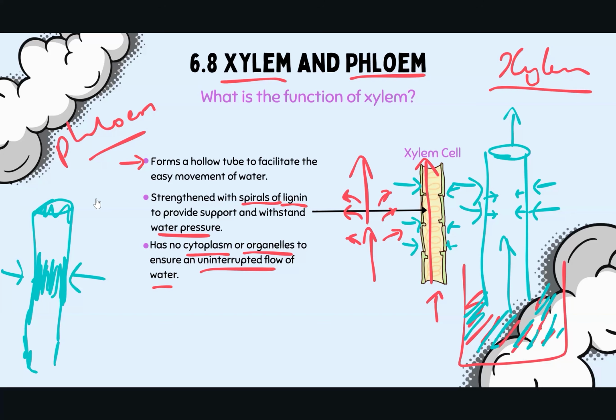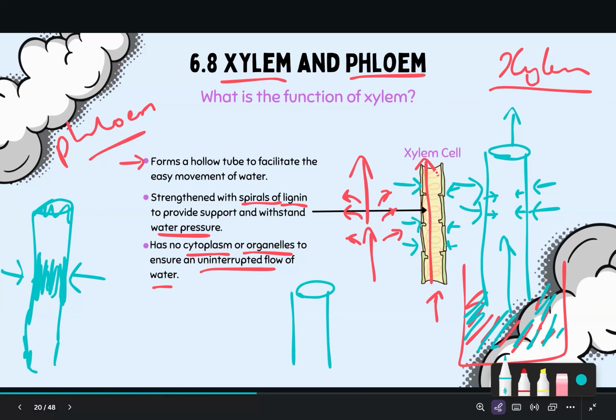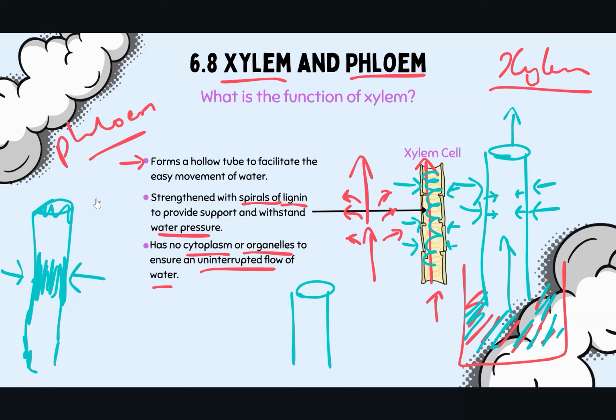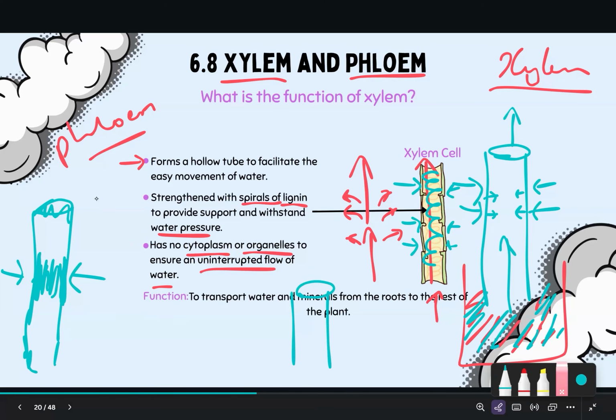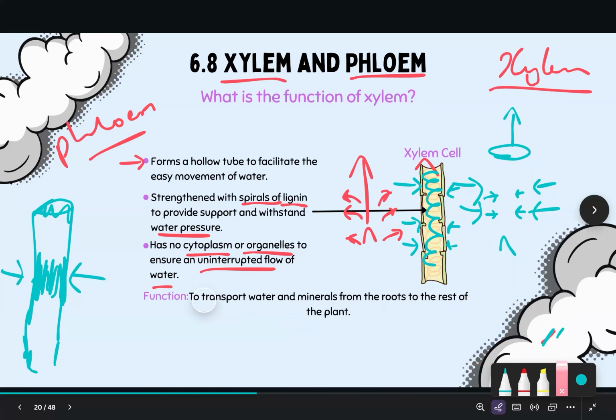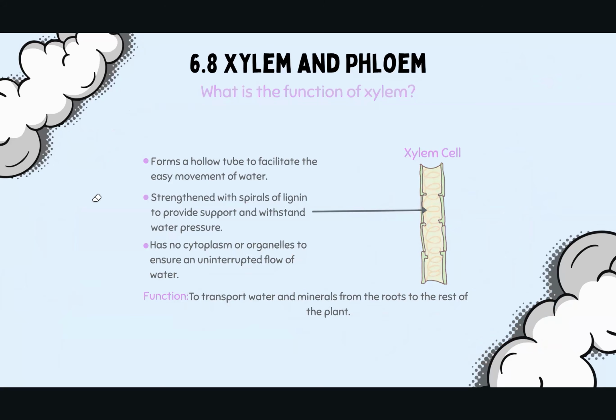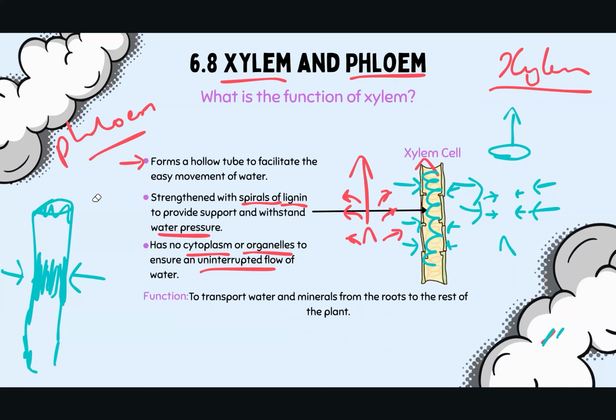But now with the plastic one, it is tough. It's a little bit like this lignin. So it stops it from crushing inwards because of the water pressure. And finally, the function of the xylem is to transport minerals from the roots. So the water and minerals from the roots to the rest of the plant.